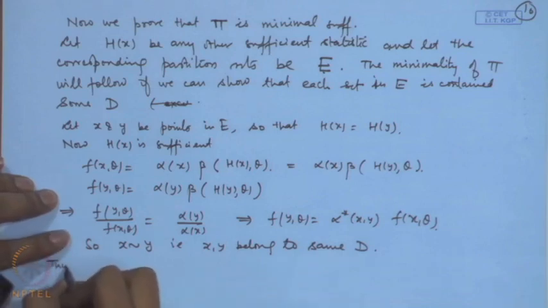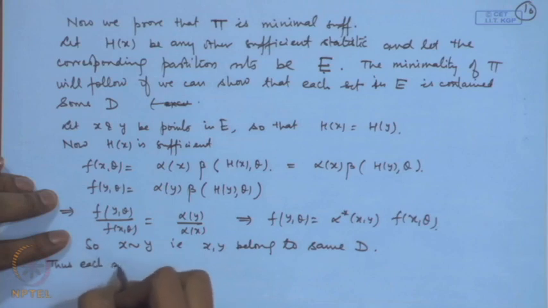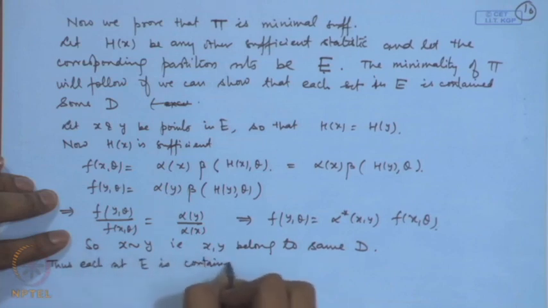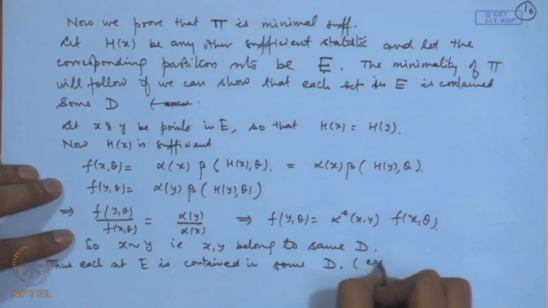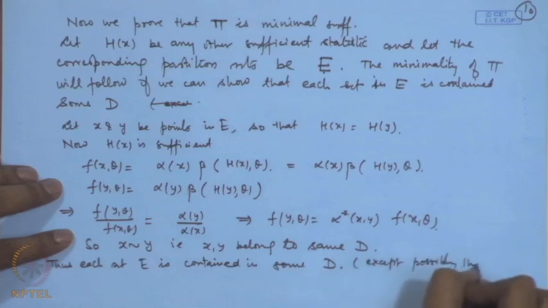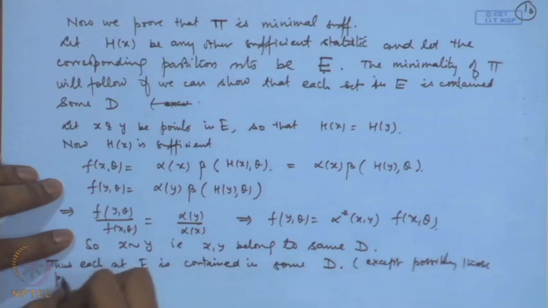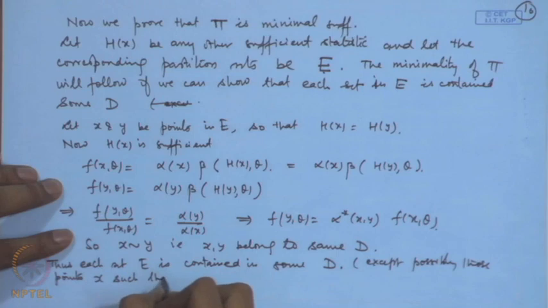Thus, each set E is contained in some D, of course, except possibly those points x such that alpha(x) is equal to 0.